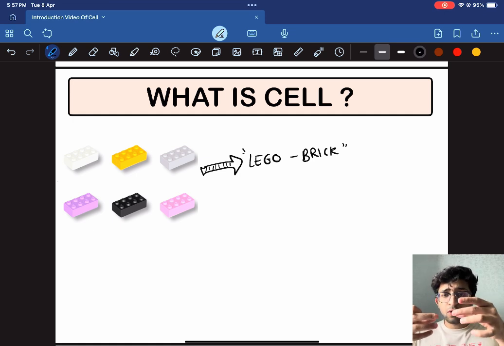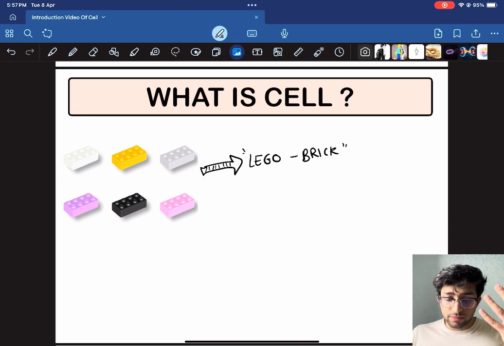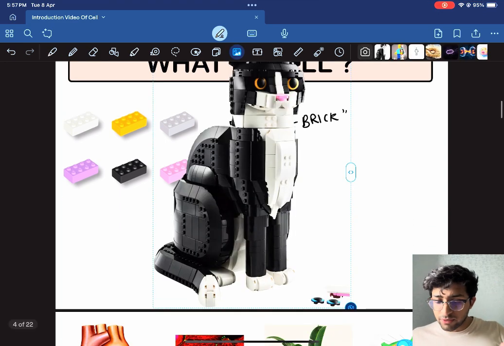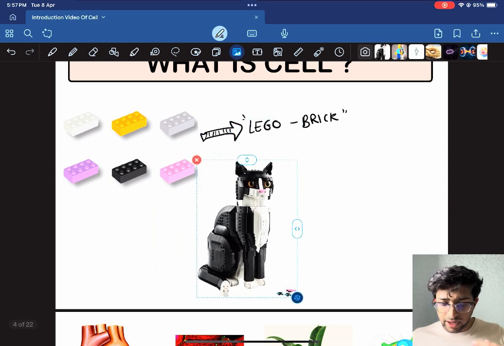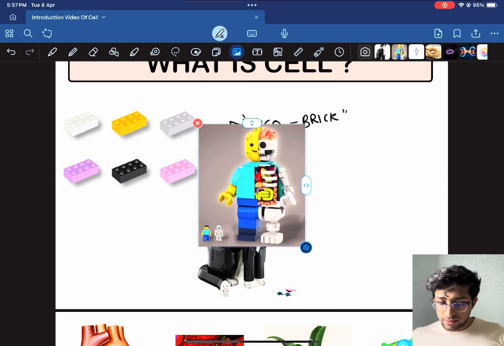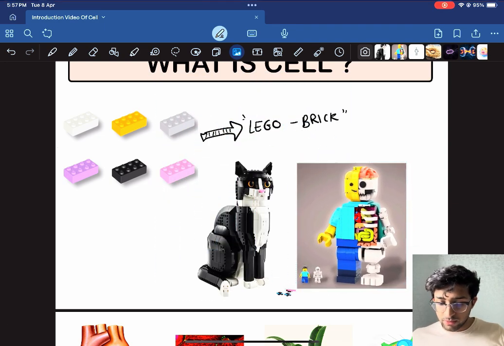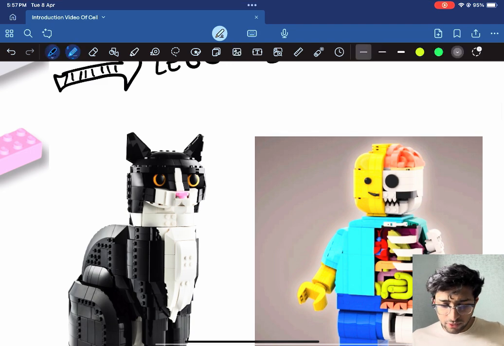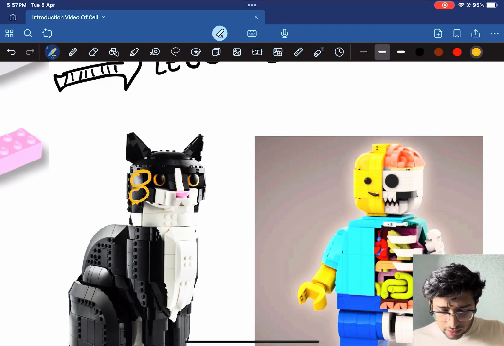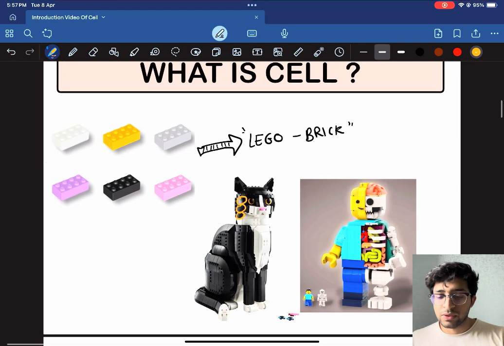We gathered the small bricks and made huge structures, for example a Lego cat, or a small Lego human being. From these small Lego bricks, we were making a whole organism, or cats or different structures, cars, plants, houses, like this.